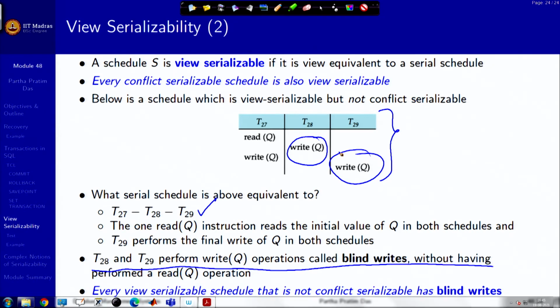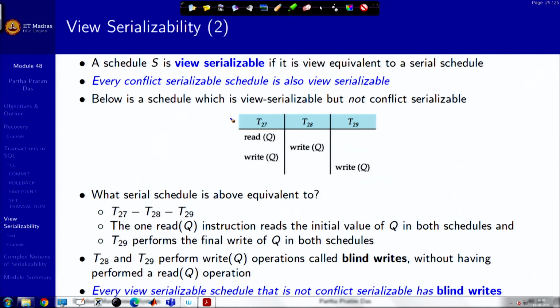So, every view serializable schedule that is not conflict serializable, like this one, has blind writes. Now, this is something which we do not prove, but this is an available result.